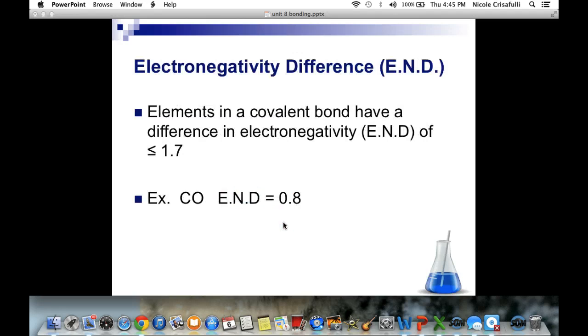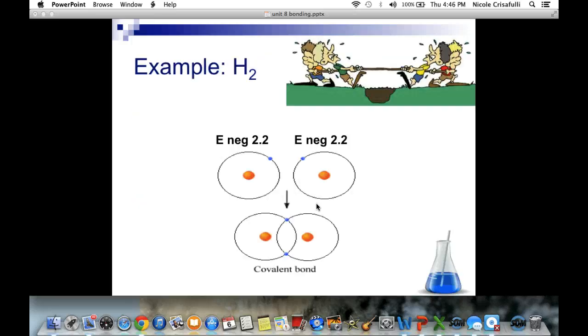So for electronegativity difference, elements of a covalent bond have an electronegativity difference of less than 1.7. So for example, if we're looking at carbon monoxide, CO, if you look at the electronegativity of carbon on table S in your periodic table in your reference packet, and of O, if you take the difference between those electronegativity values, you'll get 0.8. 0.8 is less than 1.7, so it is going to be a covalent bond.